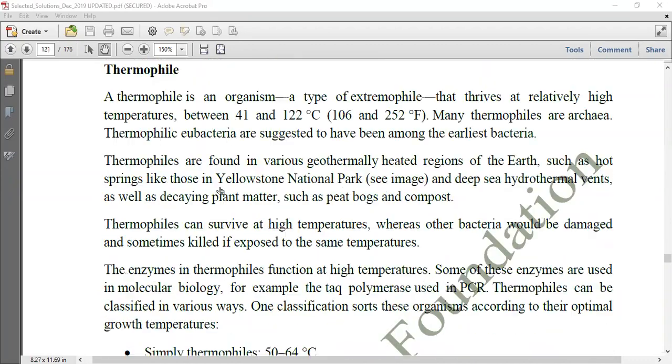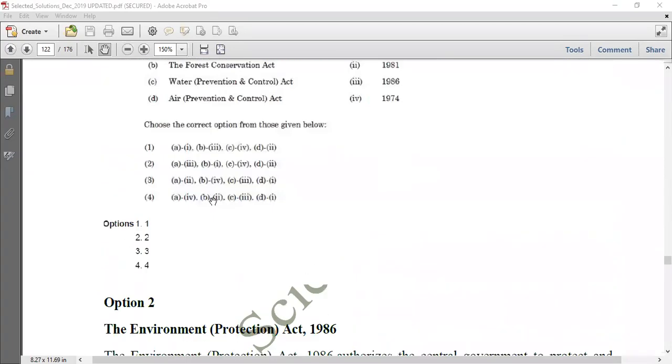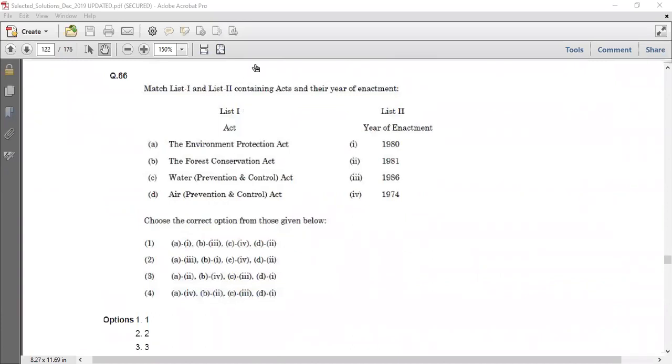Now let's move to the next question, which is itself a very simple question. We just have to match list 1 and list 2 containing the year of enactment. So question number 66. All of you know that the Environmental Protection Act, EPA, is 1986, so it will go to third.